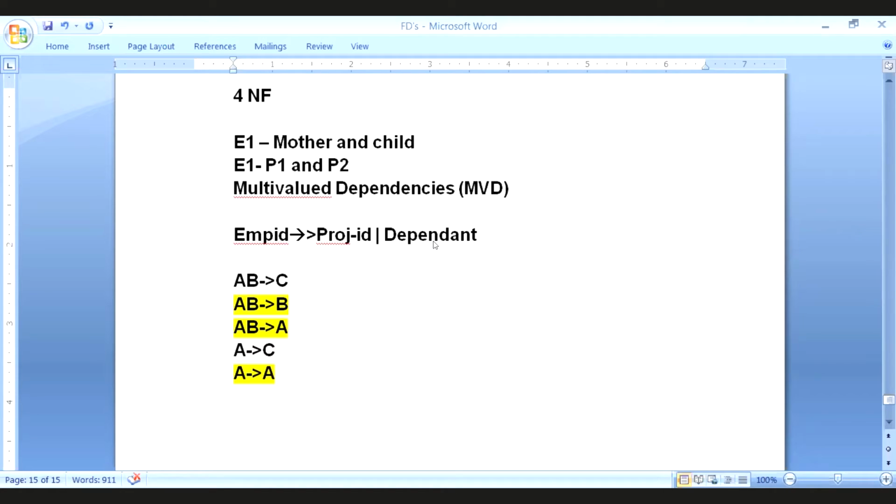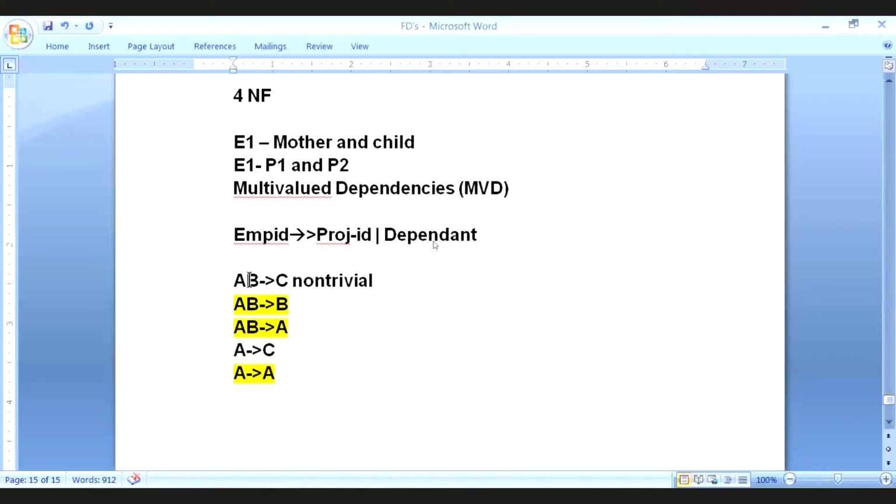These are non-trivial FDs. I told you in the class that this is also obtained by the reflexive rule. Reflexive rule and trivial is the same thing. Some books say reflexive rule and some books say trivial, but the more common is trivial. So we will say these are trivial FDs.